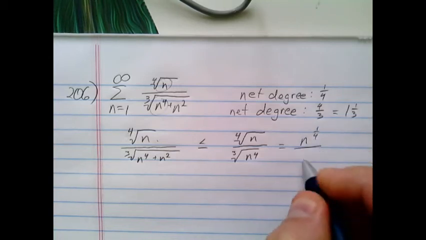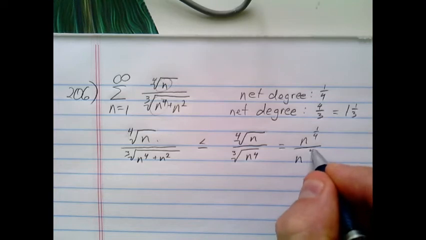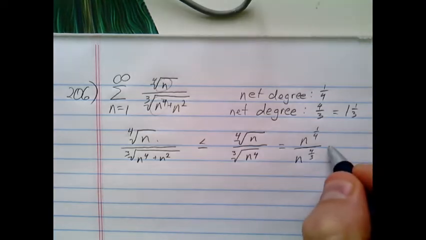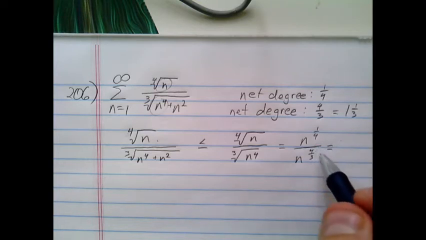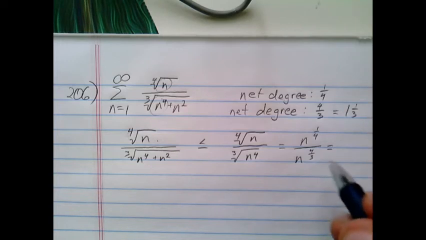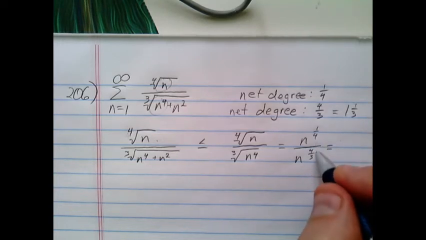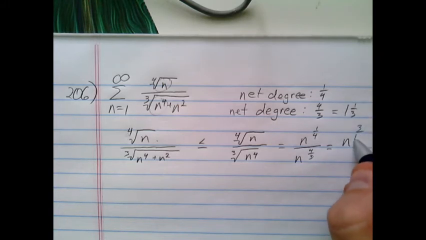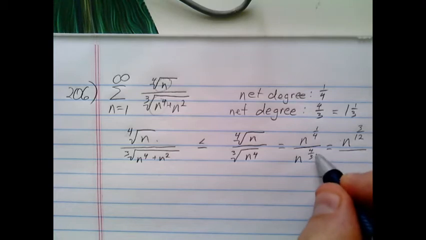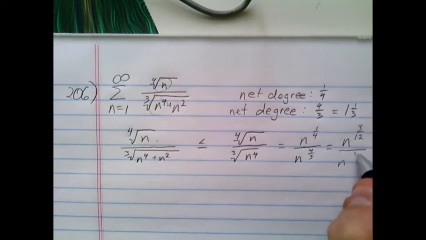So that's n to the 1/4 over n to the 4/3. So I guess I need a common denominator there. I'm going to use the rule that says, when you're dividing and you have like bases, you can subtract the powers. Looks like a common denominator would be 12. So I'll say that's n to the 3/12 over, and multiply top and bottom by 4, that'd be n to the 16/12.